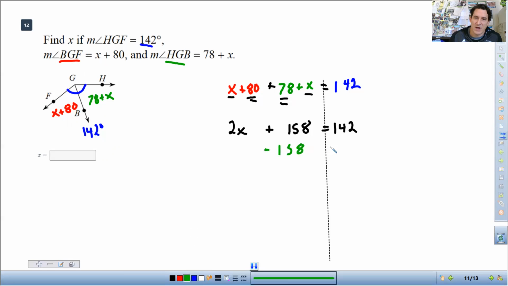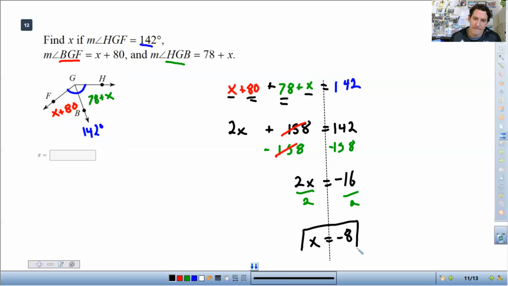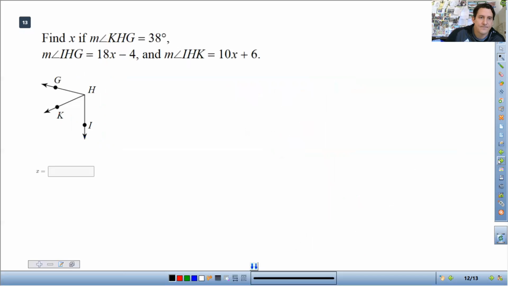So I'm going to subtract 158 from both sides. So plus 158 minus 158 cancels out. 2X is equal to 142 minus 158 is negative 16. And then divide by 2, you get X is equal to negative 8. Next example.